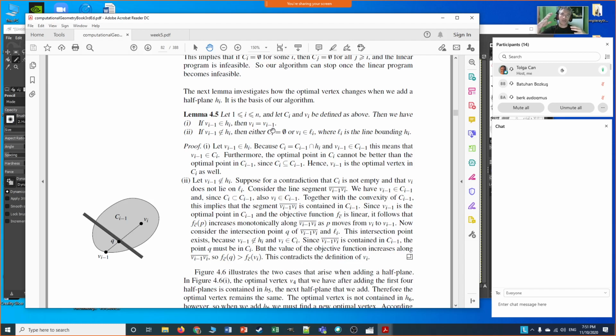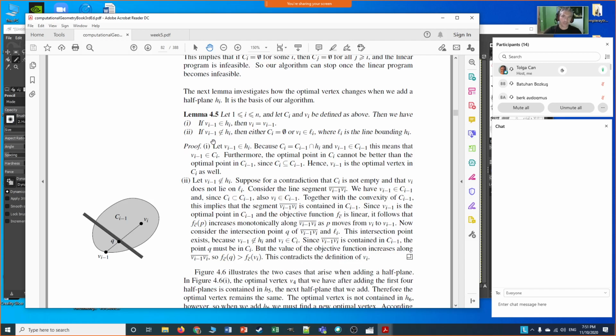If the previous half plane already contains the intersecting part, the intersection doesn't change, all right, because that's the intersection. If the intersection is included here, that will remain as intersection. But if the intersection is not included or partially included, if that point is not included, then we need to update the intersection. So this is case 2 of this lemma.